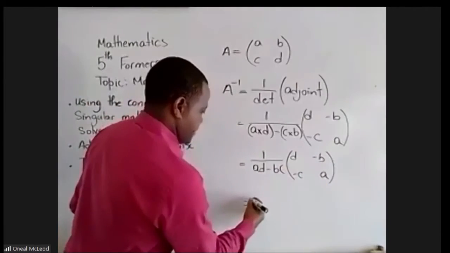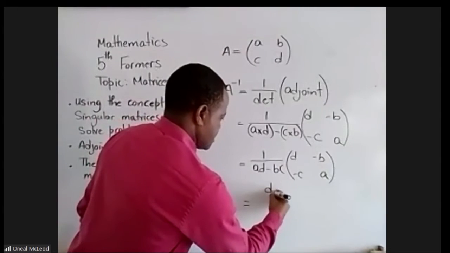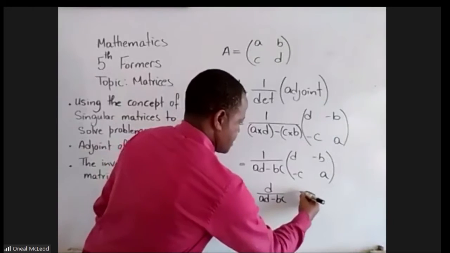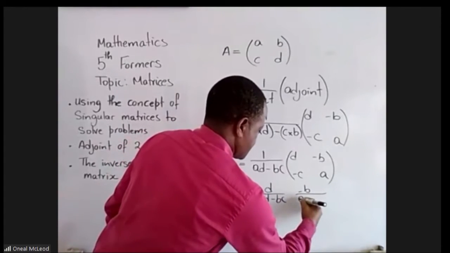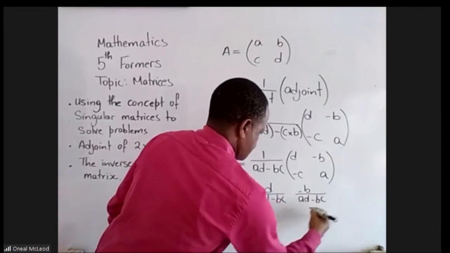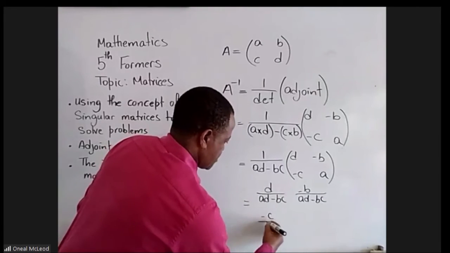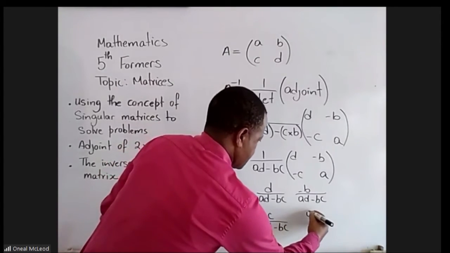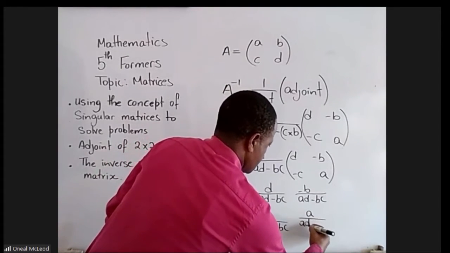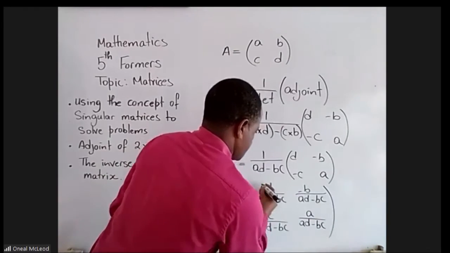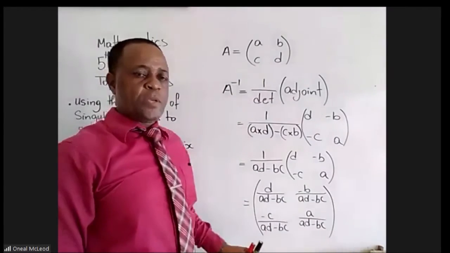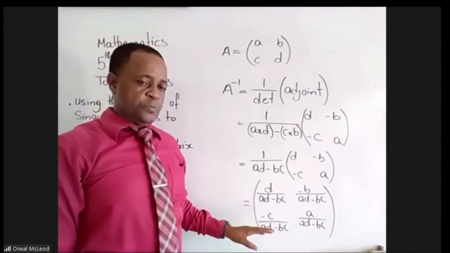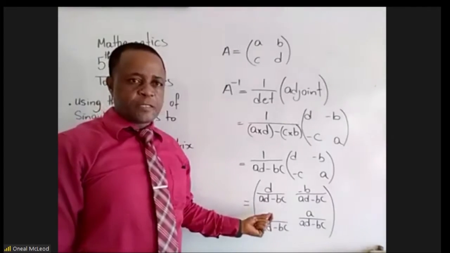So our final answer would be D over AD minus BC, negative B over AD minus BC, negative C over AD minus BC, and A over AD minus BC. That is our final answer as it relates to our inverse.